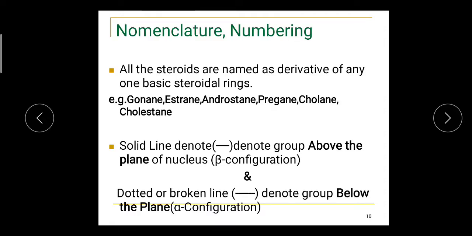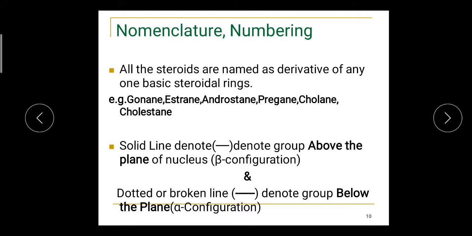Now for nomenclature, all the steroids are named as a derivative of one basic steroidal nucleus. For example, gonane, estrane, androstane, pregnane, cholane, and cholestane. Gonane means the steroidal nucleus having 17 carbons, that is basic.